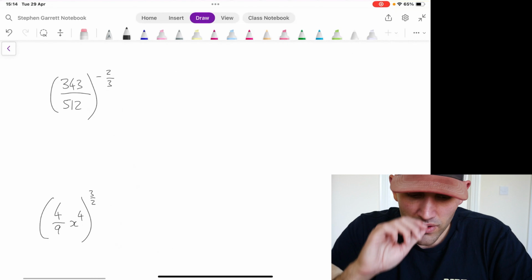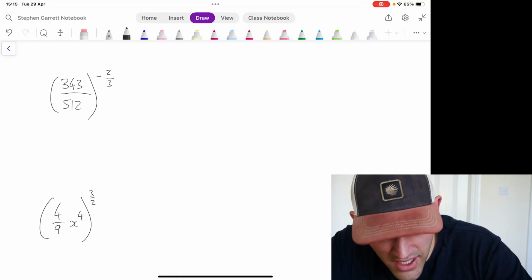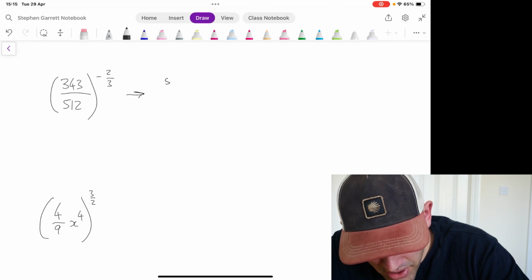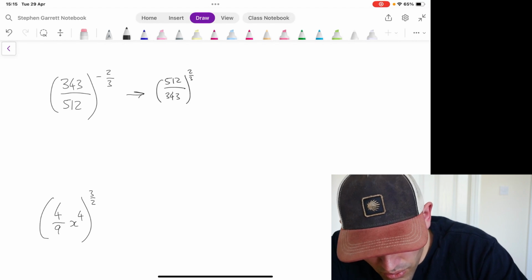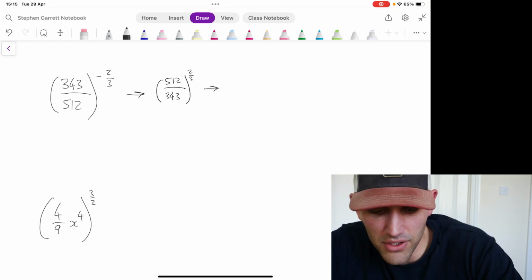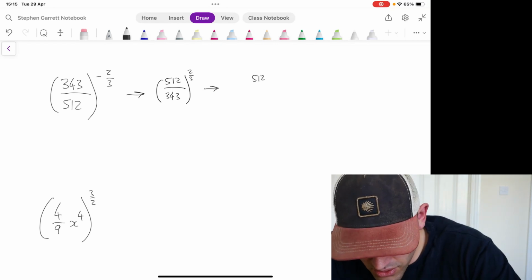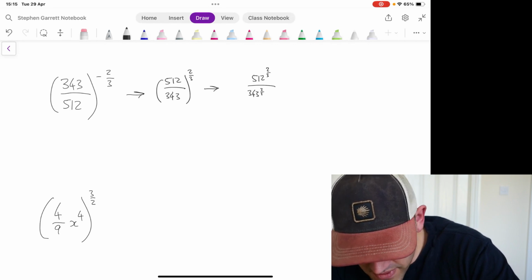Let's have a look at this one. The first thing I'm going to do is action that negative power. So I'm going to flip it, 512 over 343 to the power of 2/3. Then I'm going to apply that index to both the numerator and the denominator, so that's 512 to the power of 2/3 over 343 to the power of 2/3.